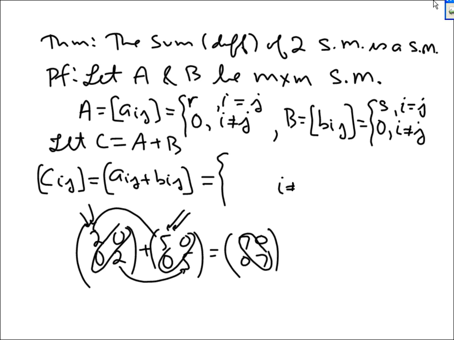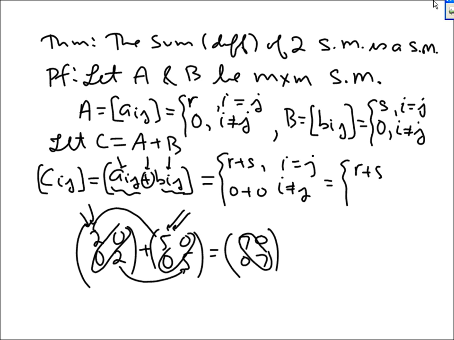If i is not j, this is 0 and that's 0, and you add them. And if i is j, well then that's r plus, and that's s. Oh, you mean r plus s? Absolutely. And then one very, very simple arithmetic to do.